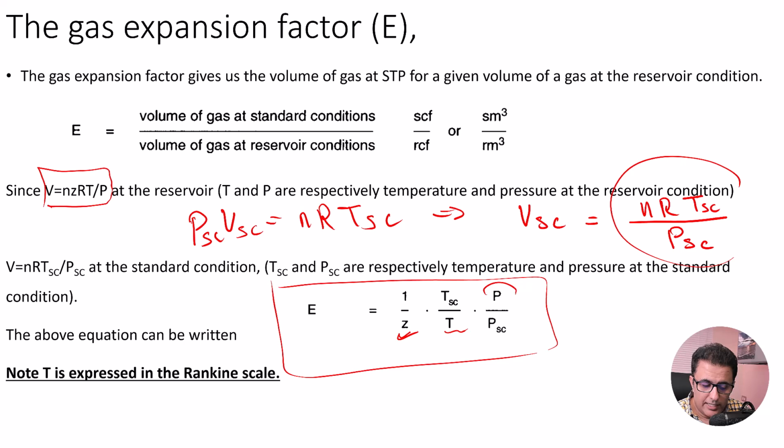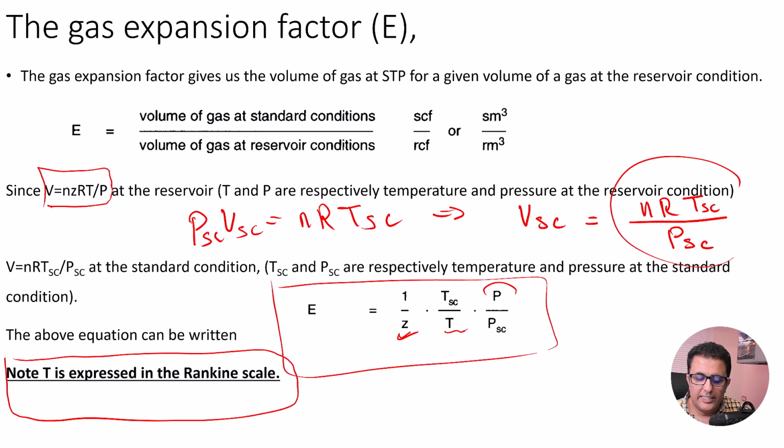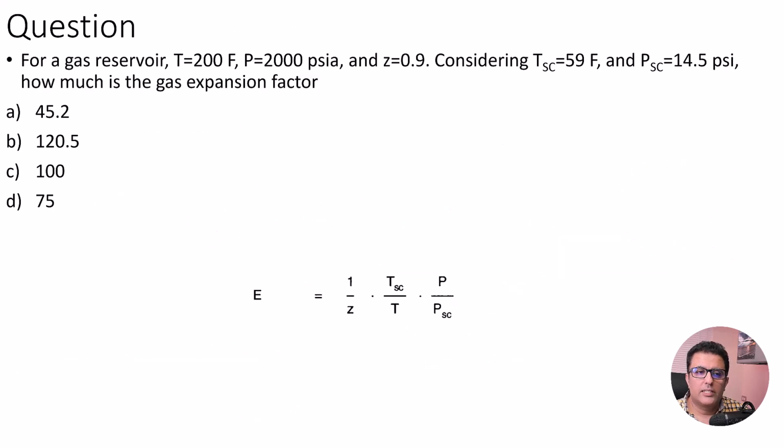Something that, again, I would like you to pay attention to is that T should be expressed in Rankine if you want to use this equation. So now assume that for a gas reservoir, T is equal to 200 Fahrenheit, P is 2000 psi, Z is 0.9, and considering the standard temperature is 59 Fahrenheit and pressure is 14.5 psi, how much is the gas expansion factor for this reservoir?